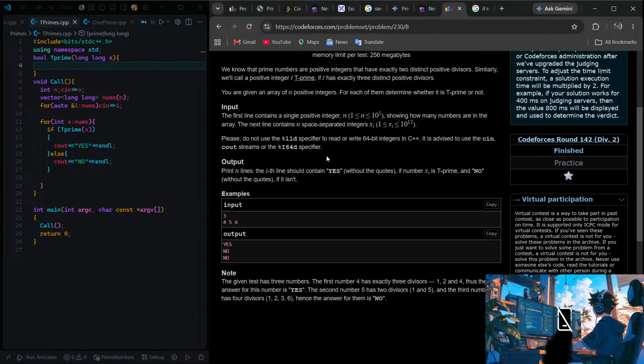How will I use it, because I have to know whether this number is a prime or not.